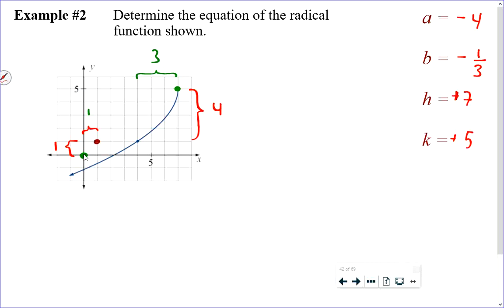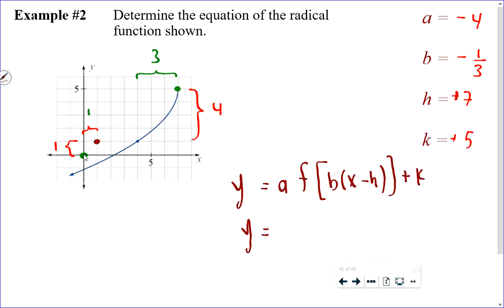All that remains is to put that series of parameters into this general template, and we get y equals a, which is negative 4, f of, what's the square root? F is the square root.